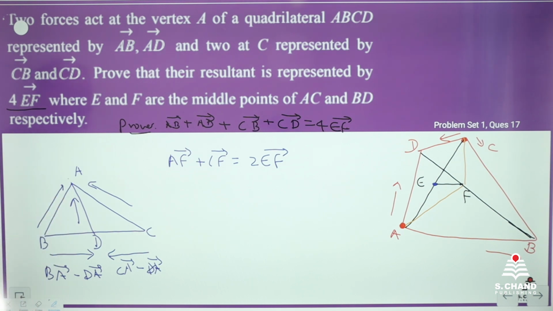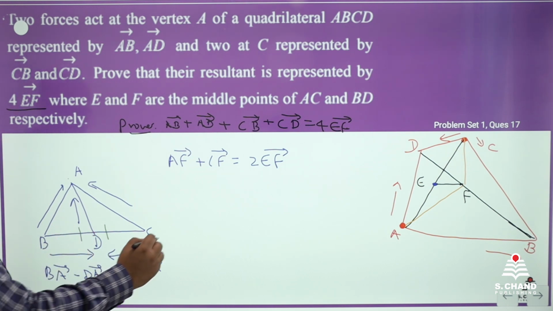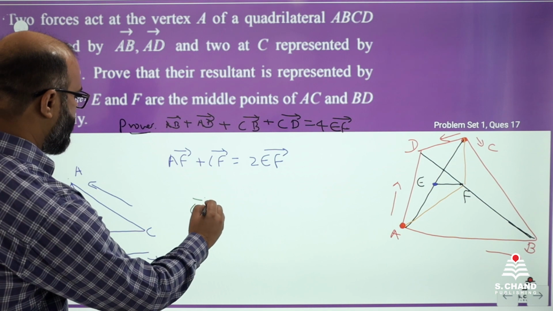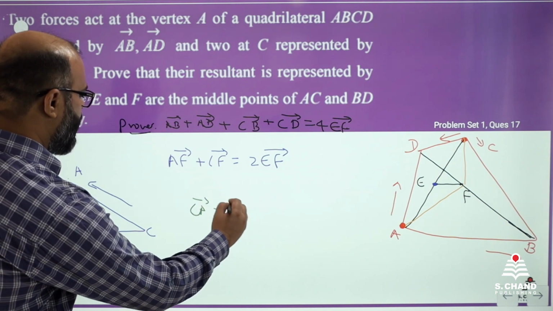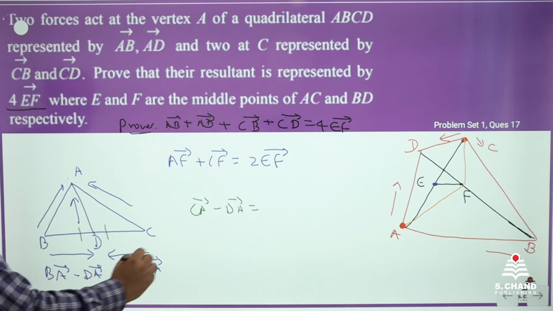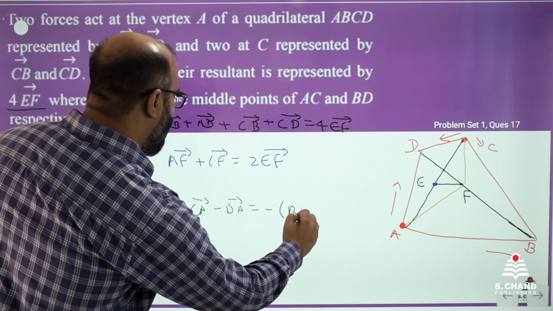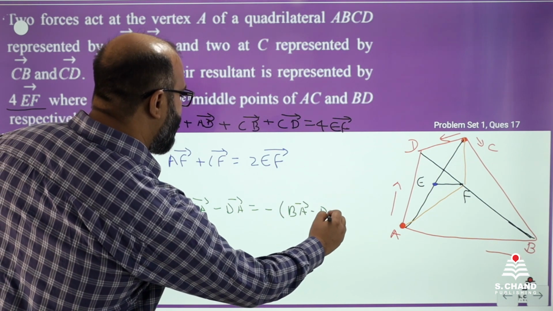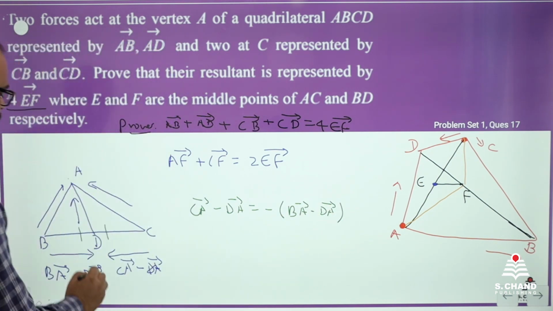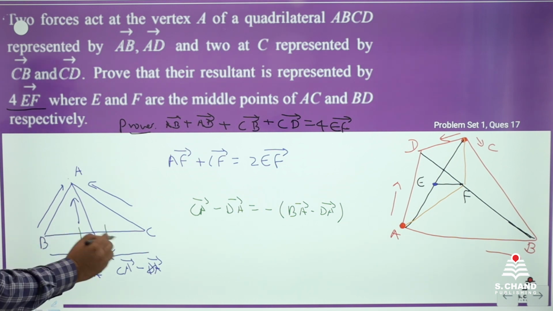Now since we know that this is the median, so this is equal to this. So these two vectors are actually anti-parallel, and we can say that CA minus DA is equal to minus of BA minus DA. We can write it like this because their magnitude is same, both are same magnitude but opposite direction.